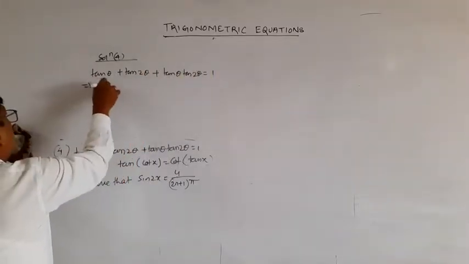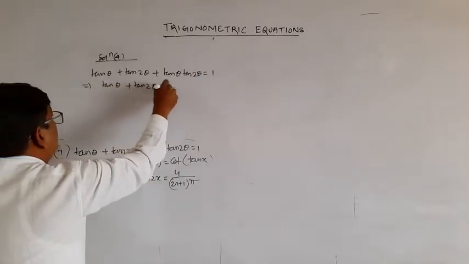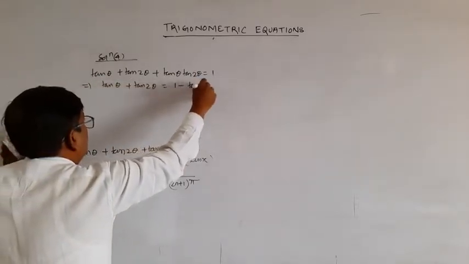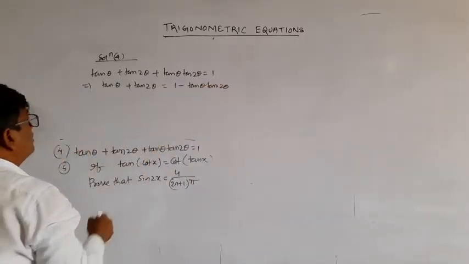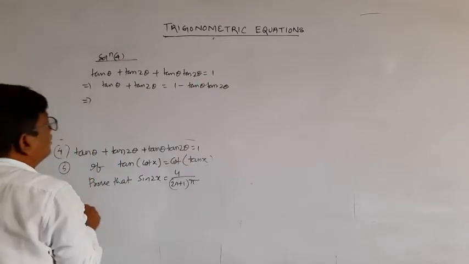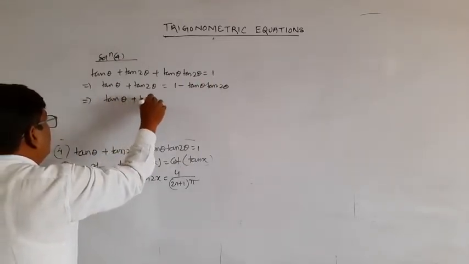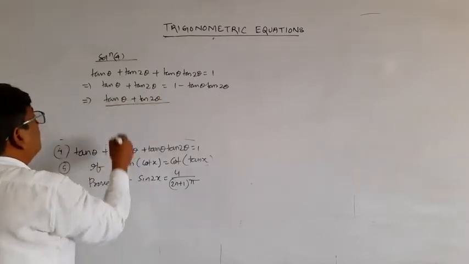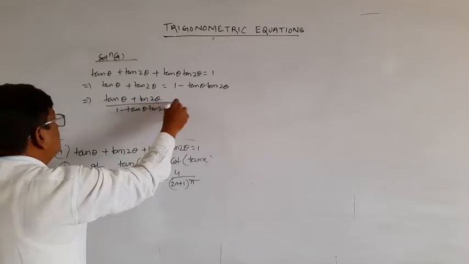That implies tan theta plus tan 2 theta is equal to 1 minus tan theta into tan 2 theta. So (tan theta plus tan 2 theta) divided by (1 minus tan theta into tan 2 theta) is equal to 1.